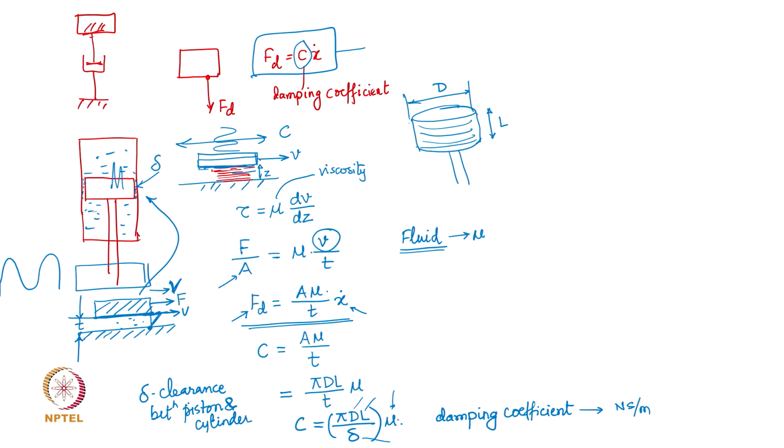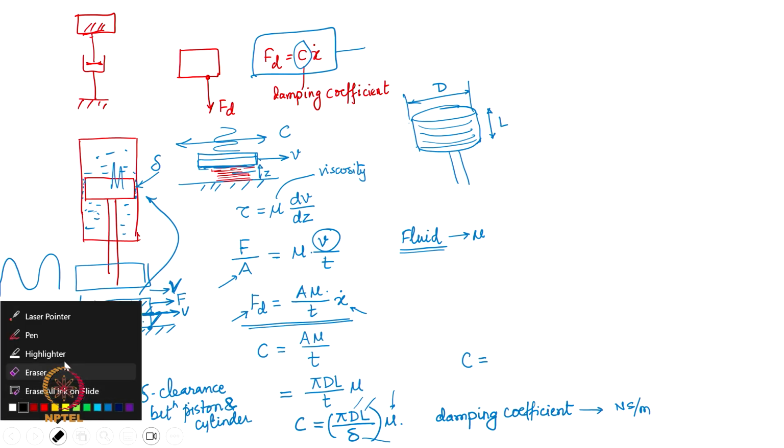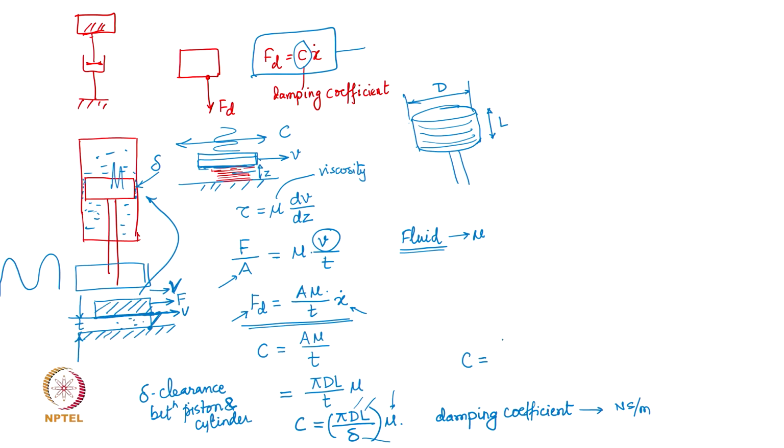Now this mu, if it is replaced by the alternate expression here, instead of coefficient of viscosity, I can use dynamic viscosity sigma: pi D L over delta into 10 raised to power minus 3, where sigma is the dynamic viscosity given in centipoise.